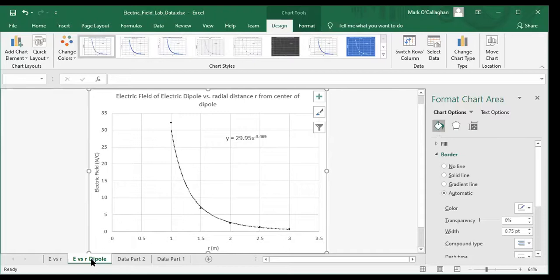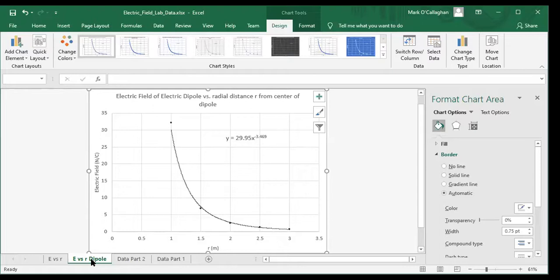Wow. All right, that's definitely not a 1 over R squared. So E is proportional to R to the negative 3.5 or so. What that's telling you is that's your evidence that the electric field that falls off faster is the dipole.